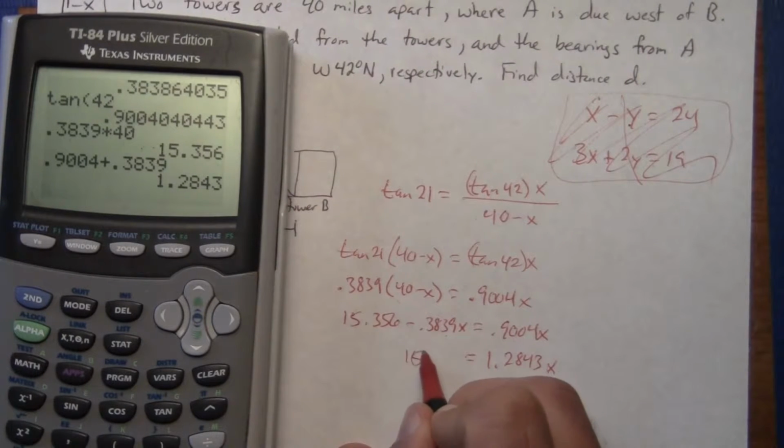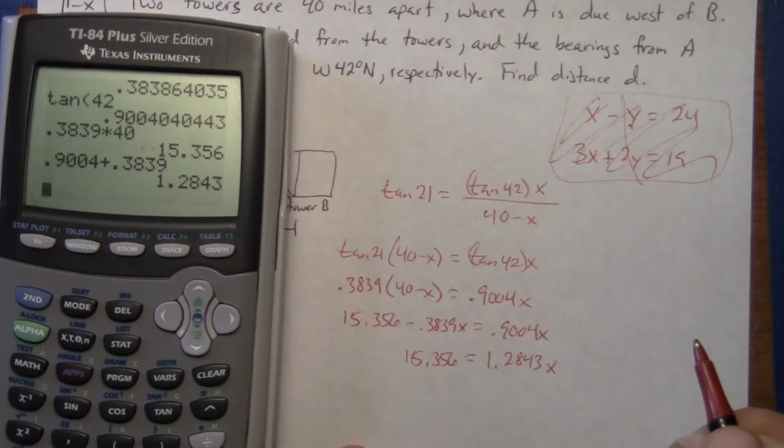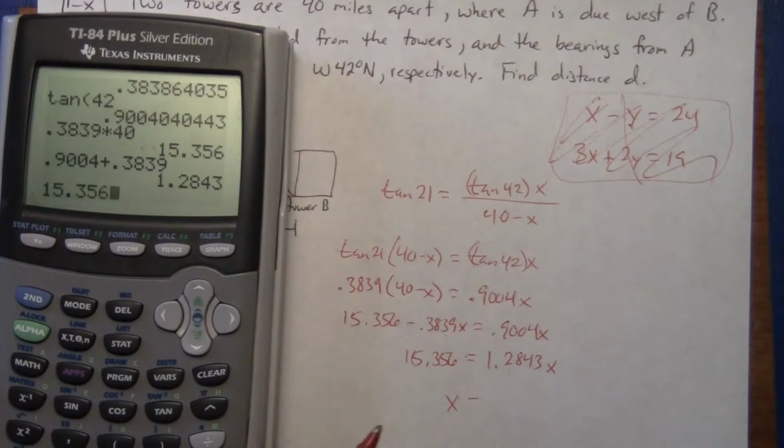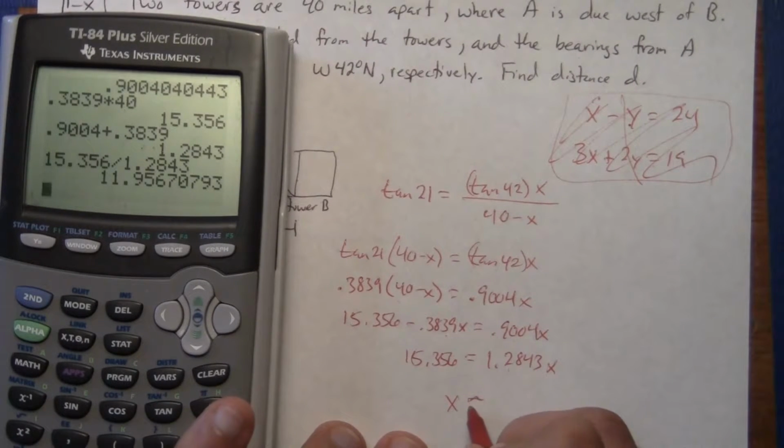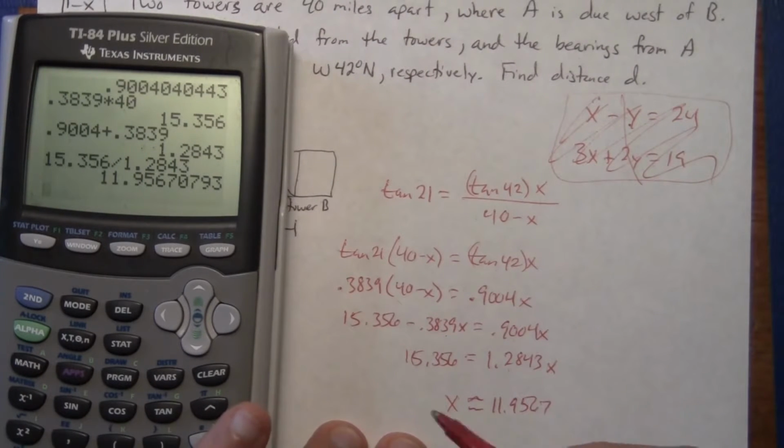Left side I still have the 15.356. And then of course I want to divide both sides by 1.2843. So 15.356 divided by 1.2843, hit enter, and I'm going to figure out that x is approximately 11.9567. And we were talking about miles.